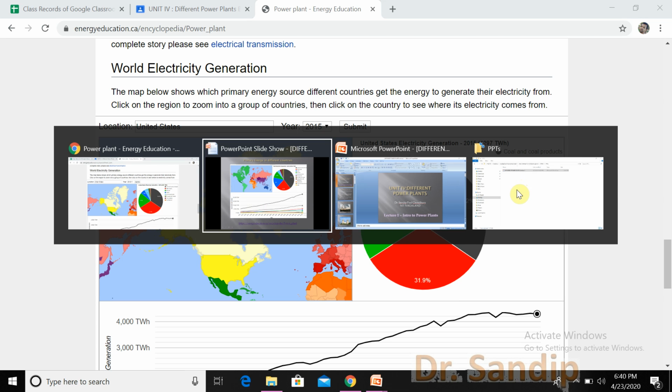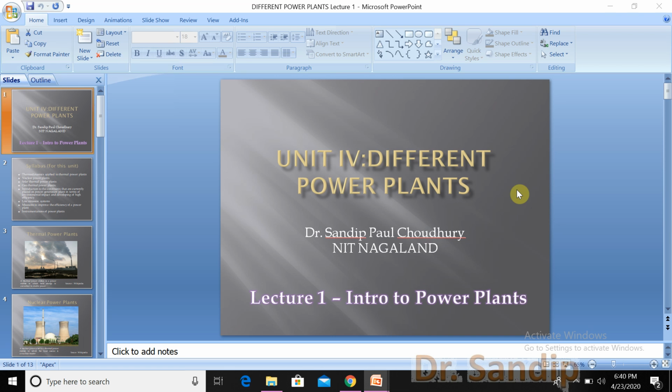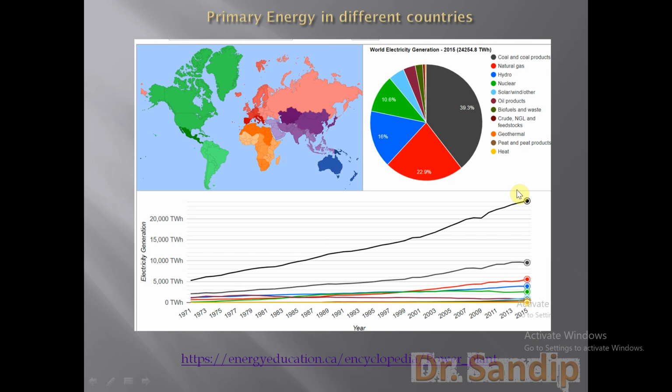If we proceed with the presentation again, we can see the graph here, where you can see that the energy need and the energy generation are growing day by day. In 2015, the need is quite high from coal, or the production is very high using coal and coal products.